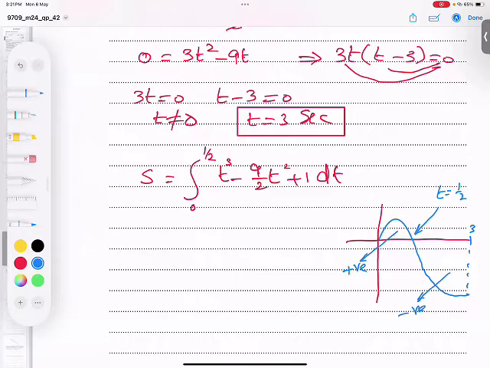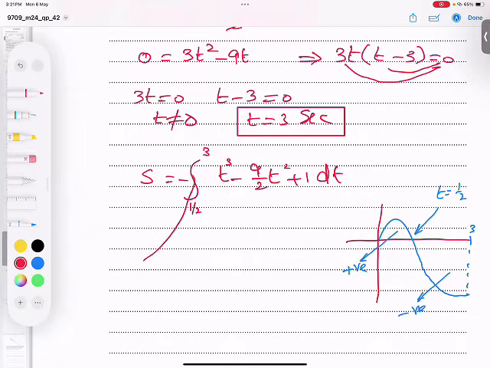To eliminate the problem, what I will do, students, is start this from half and end at 3. So let me erase this, I hope you got it. Now here I'm writing half. But I will put a minus sign.